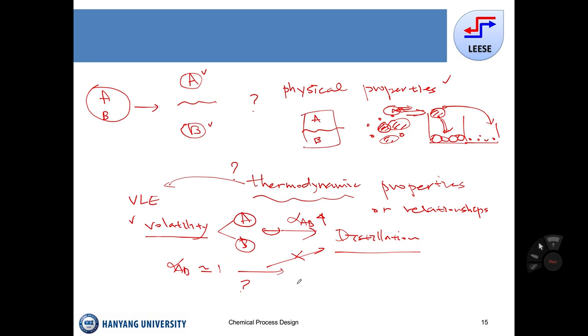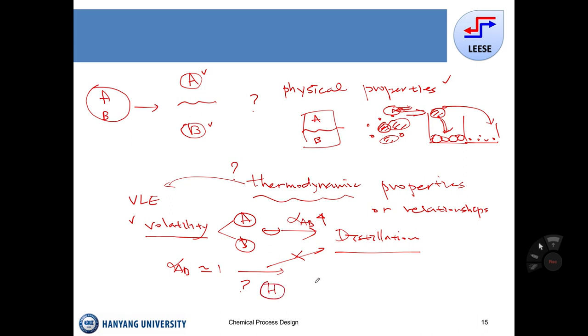Do you remember the Henry constant? What is the meaning of the Henry constant? The Henry constant reflects the capacity of a liquid to absorb a gas.